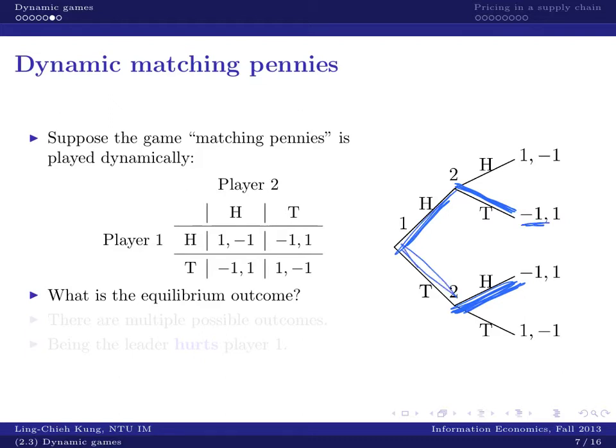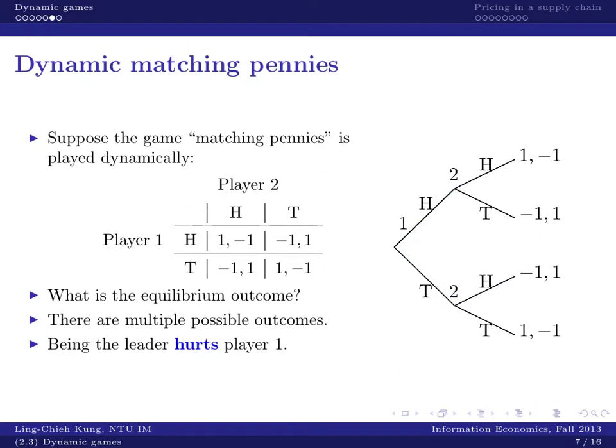If player 1 chooses tail, he will still get negative $1. That means in this game, if you are the first, you will just be destroyed, because player 2 can always dominate you by choosing something different from you.